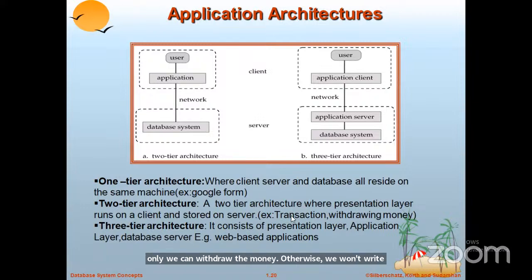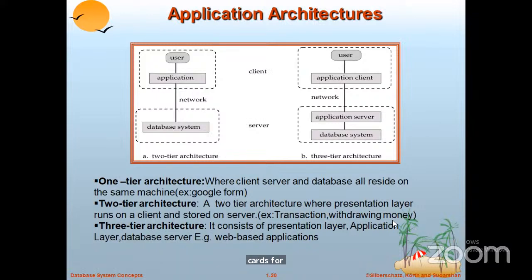Two-tier architecture also. If we are going to a bank, what we are going to do is withdraw the money, giving a request, like we are applying for an ATM. We are giving a letter to the bank manager so that he will provide an ATM card for us. Similarly, for withdrawing money, we go to the bank and write some account information.